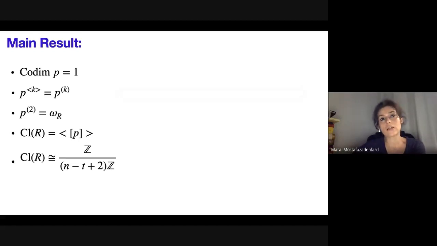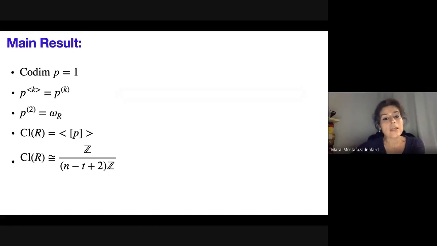So the divisor class group of the Hankel matrices is a finite cyclic group of order n minus t plus 2. And as you can see here, the divisor class group depends on the size of the minors and on the size of the matrix.